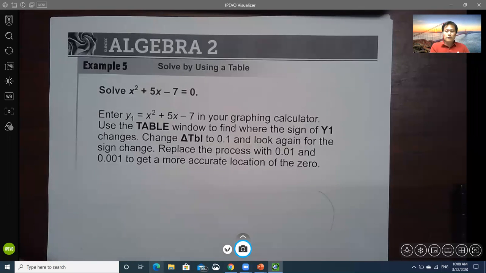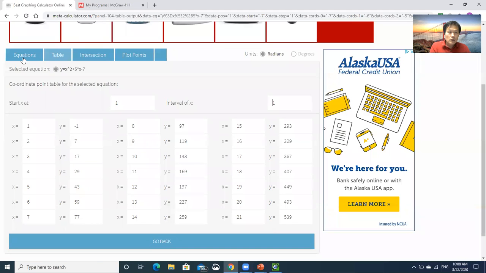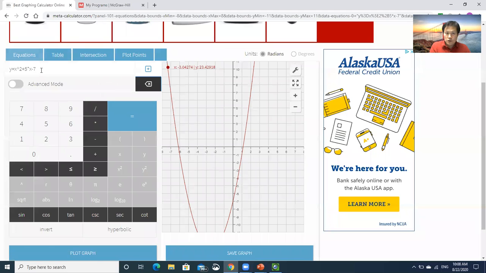Let's say you don't have a graphing calculator. Can you still get a pretty good answer using a table? And actually you can. If you go to the calculator here, I typed this equation here. When you look at the graph, you need to get some approximation of where it is, decimal-wise. When I look at this, I see like 1 point something.